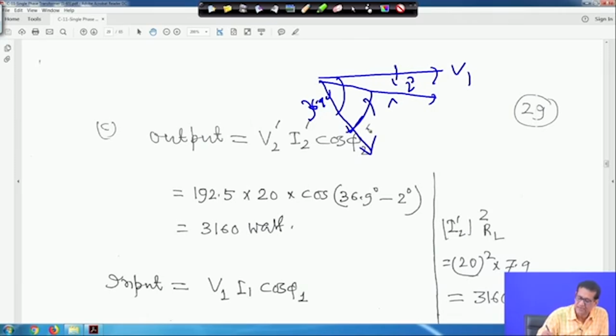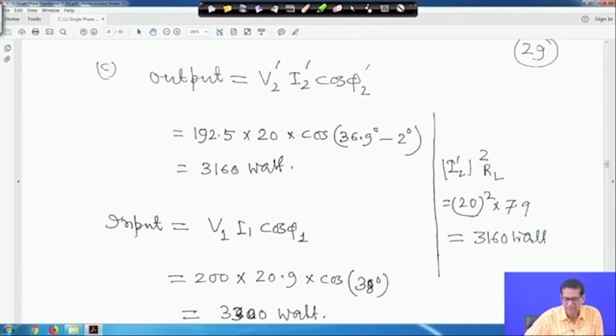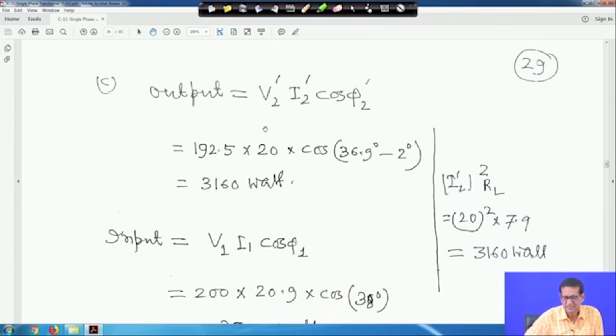So the power factor angle will be 36.9 minus 2 degree. That is why it is coming 3160 watt. At the same time, this is the output, and if you calculate I2 dash square RL, because this is the load power, this power is actually consumed by the load, 20 square into 7.9 is 3160 watt. So your answer is correct.